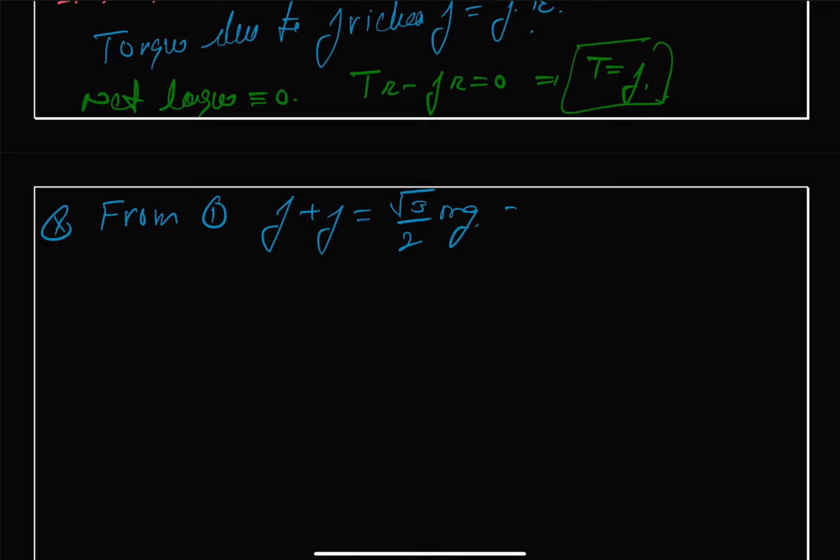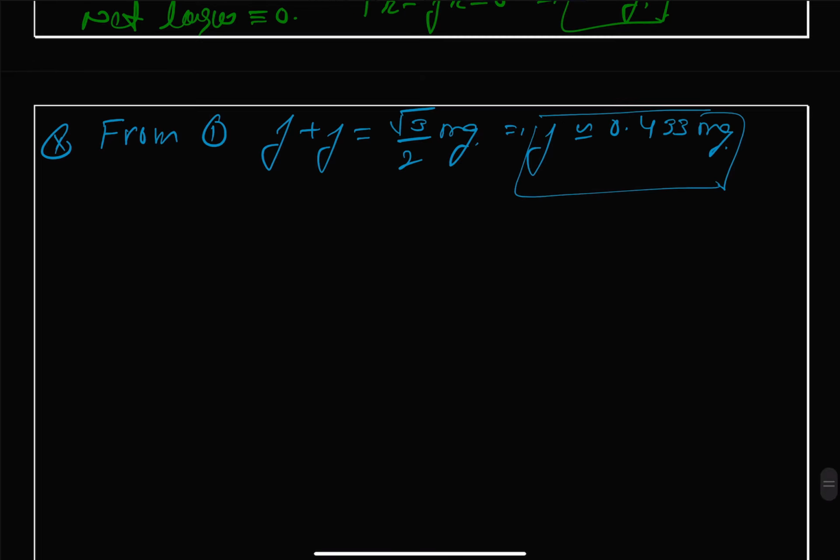This gives us that F is approximately equal to 0.433 times mg. So this is our friction. Okay, but we know that the maximum friction we just found out is 0.2 times mg.